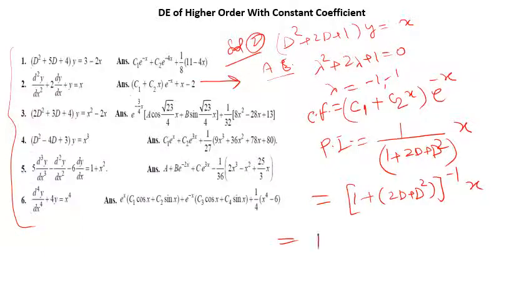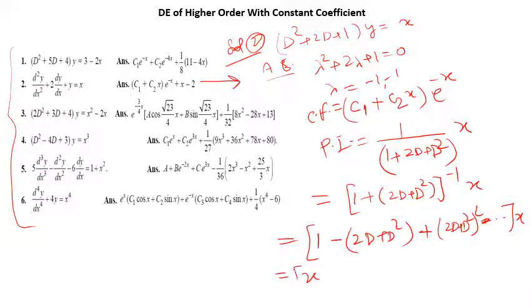This is equal to 1 minus 2d plus d square, the whole inverse expanded binomially, on x. This is equal to x minus 2 into D of x.